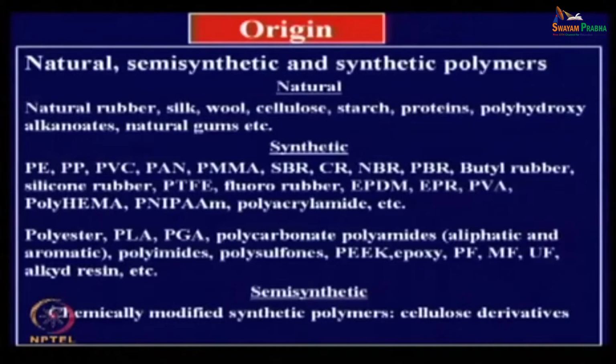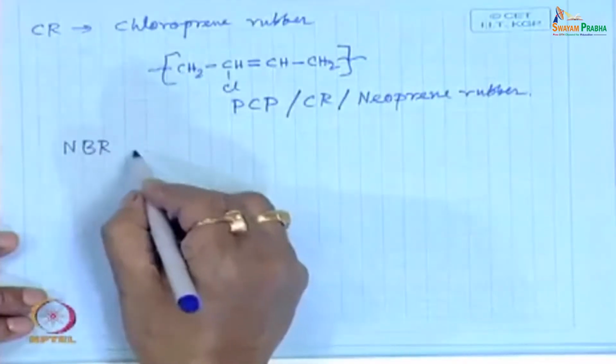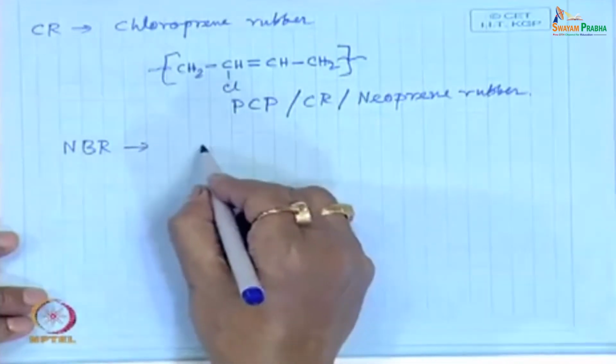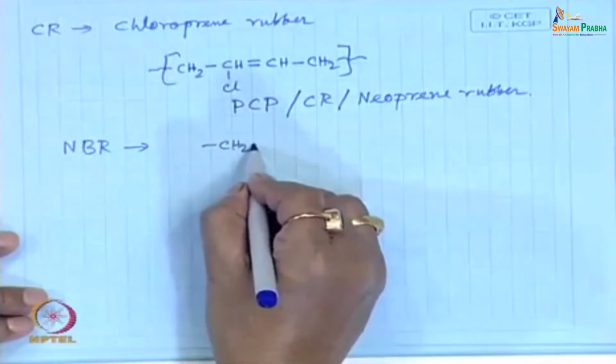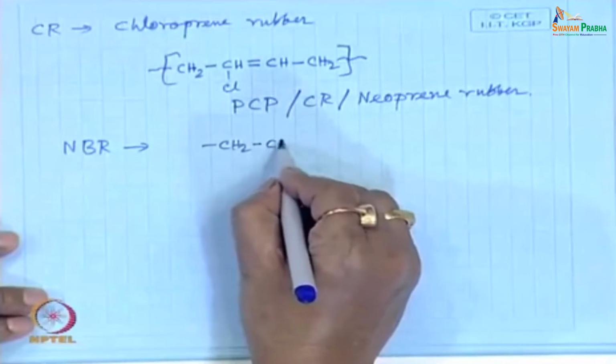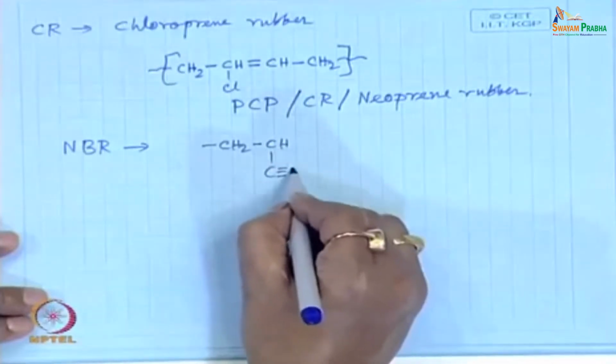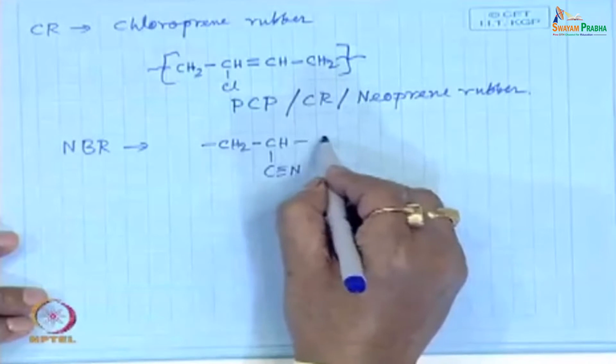NBR, it is a copolymer of acrylonitrile, this is acrylonitrile, and butadiene.